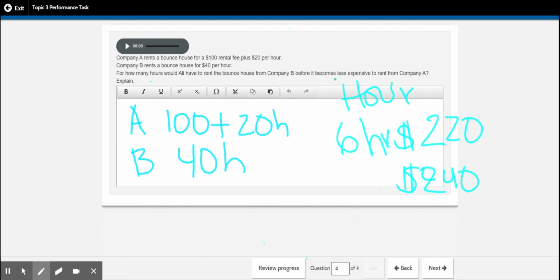So it is less expensive to rent from company A at hour 6. Hour 5 they were the same. Before hour 5, B was less expensive. Starting at hour 6, A is going to be less expensive.